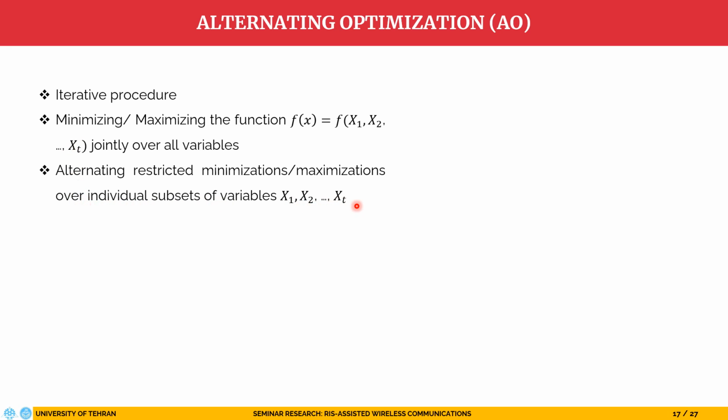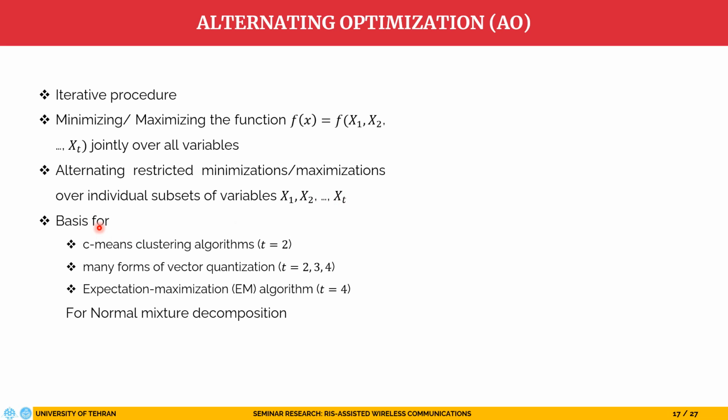For example, x2 to xt are assumed fixed in an iteration and just x1 is the variable parameter, so we optimize x1. In the next iteration, we optimize x2, and so on until xt. Then we get back to x1, optimizing it while the others are fixed, and repeat this again and again until convergence happens.